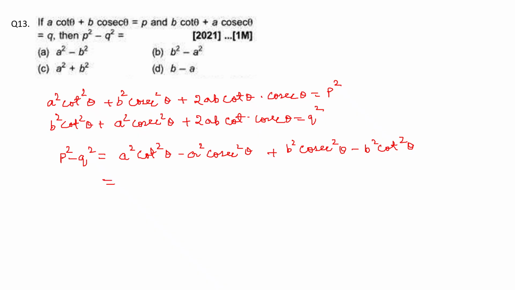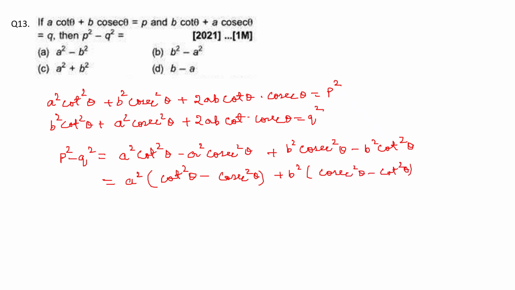It will become 0. Now take A square common here. So it will be cot square theta minus cosec square theta, and from here take B square common. So cosec square theta minus cot square theta.